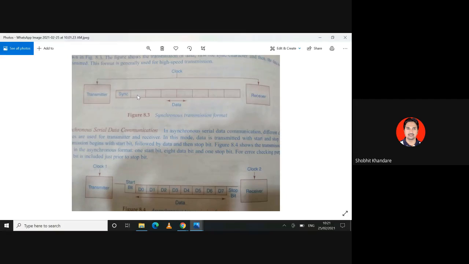This 8th bit will be considered as a sync character, but it will be a part of a byte. So mostly the baud rate is associated with synchronous transmission, where your byte will contain 7 bits of data and one sync character.